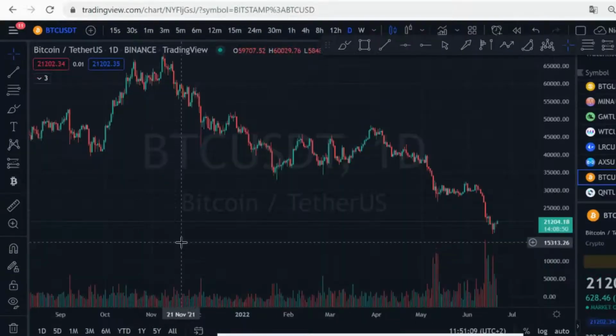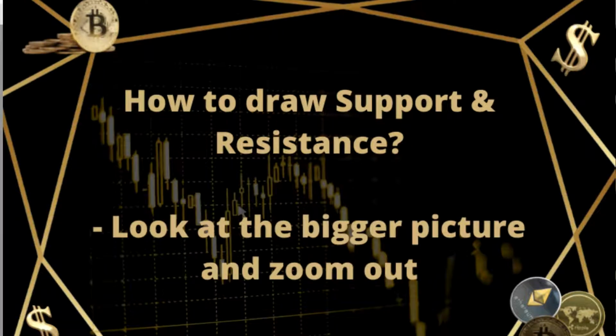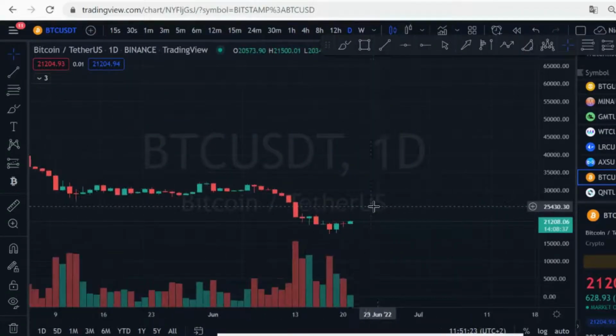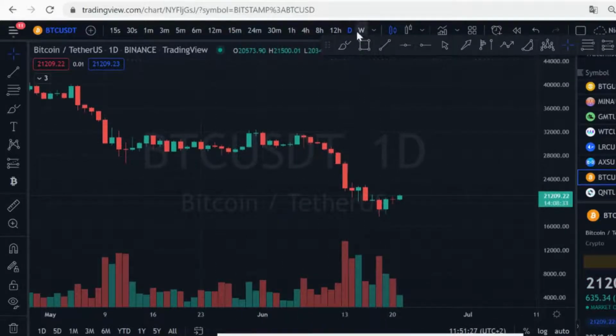So let's start from scratch. How to draw support and resistance. Look at the bigger picture and zoom out. I mean, it doesn't help you if you look here at some candles. This is just the daily chart, so every candle represents one day.